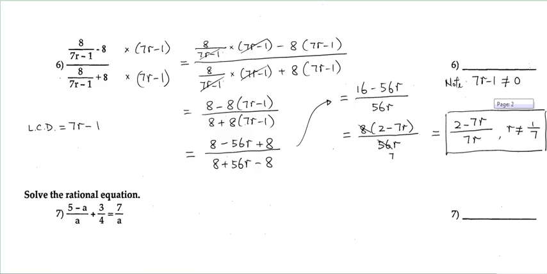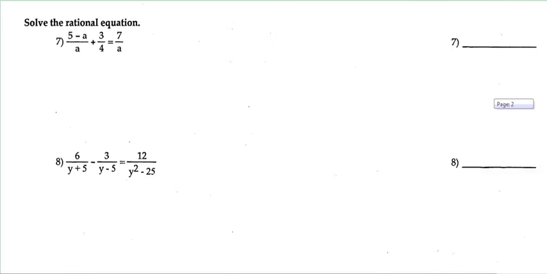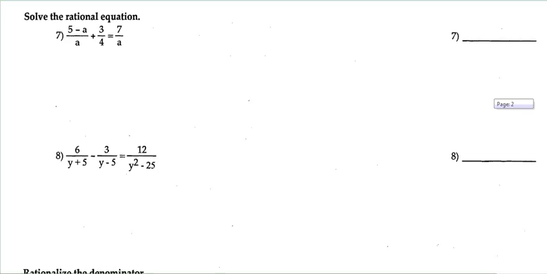All right, let's continue. Let's take a look at number 7. This is an equation involving fractions. We don't like fractions, so what are we supposed to do? Is there any way that we can get rid of the fractions?